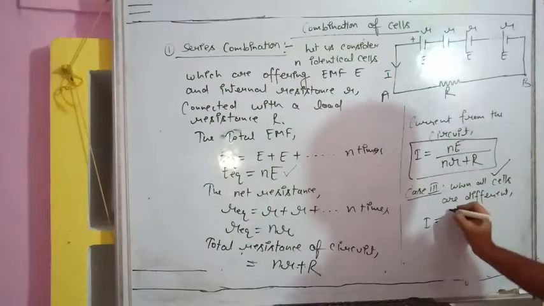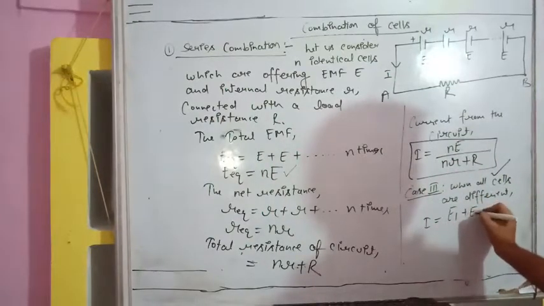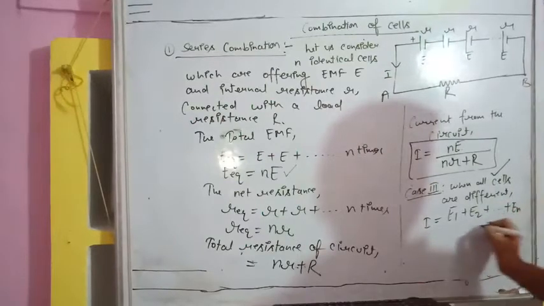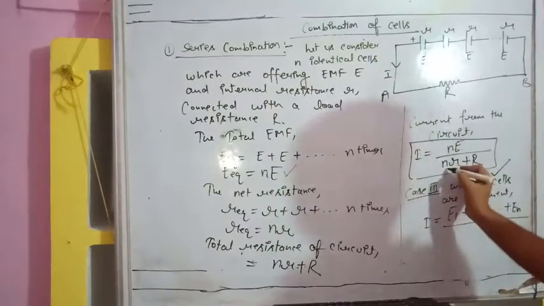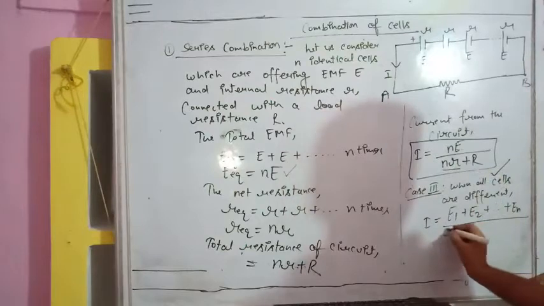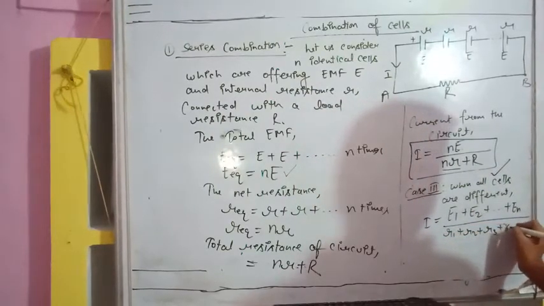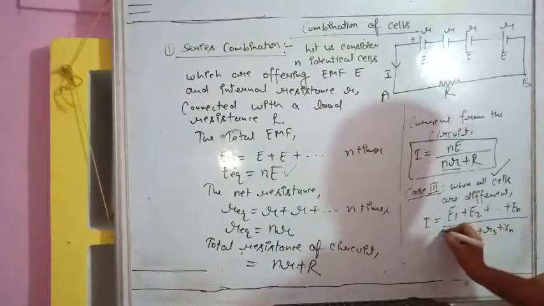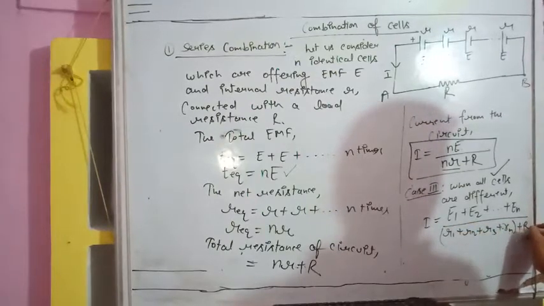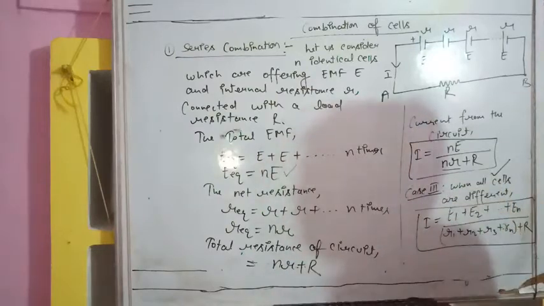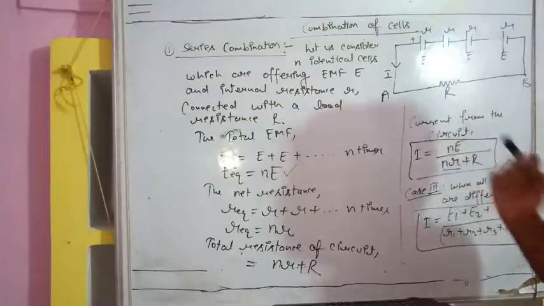So this will become E1 plus E2, how many cells you are using, plus up to En, divided by, what will be the value of NR? In place of NR, this will be R1 plus R2 plus R3 up to Rn, plus the external resistance. So this will be the value of current in such a special case. So this is the case when cells are connected in series combination.